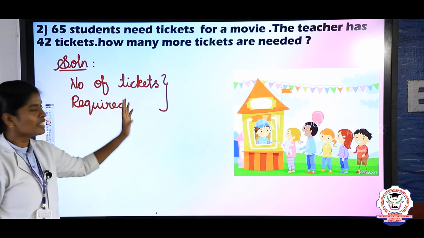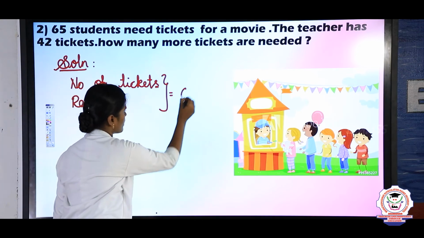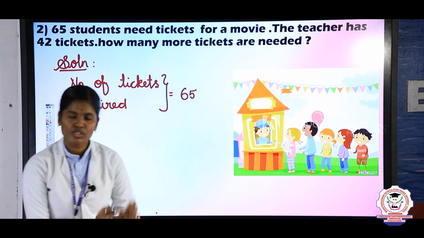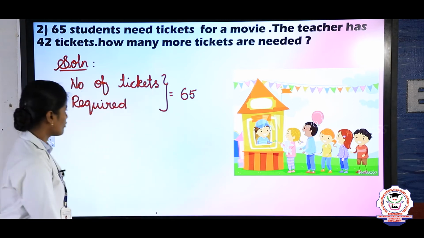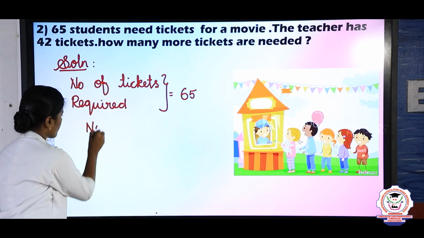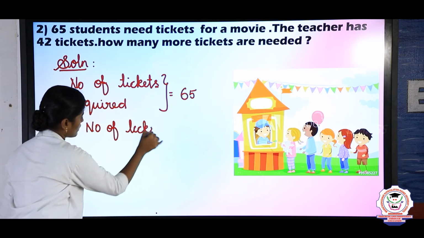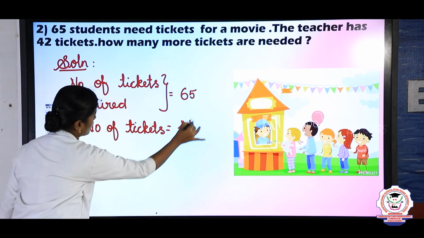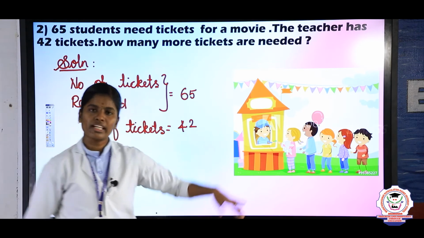So totally we need 65 tickets. And the teacher has only 42 tickets. So write here number of tickets equal to 42. Now you take 65 and 42 and subtract, then finally you get the answer.